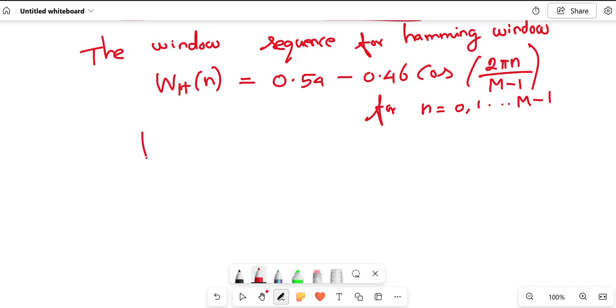Now the finite FIR filter impulse response coefficients you can get by multiplying this infinite impulse response by the Hamming window function.